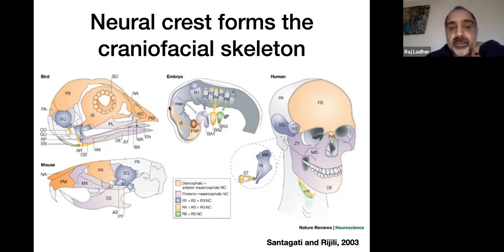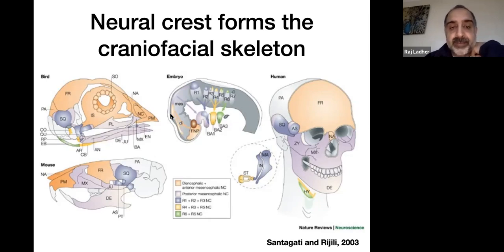And so what you're looking at here in this slightly pixelated image, if you can't see it so clearly, I'll explain it to you. You're seeing the different populations of neural crest that have come from different parts of the embryo. And so remember, the neural crest is coming from the neural tube.